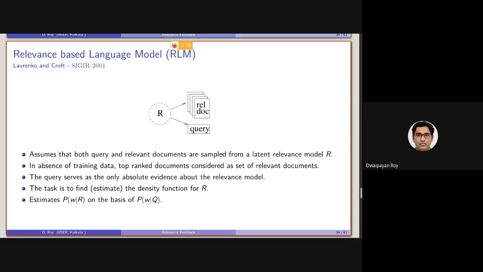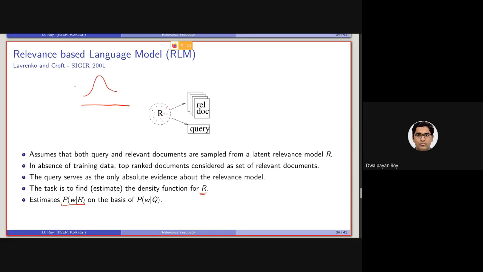And based on this R, what we'll be doing is estimating the weight or the probability of individual words that are present in this R. Remember, as I have told you, this R is basically a probability density function. If we consider a normal distribution, some terms will have some weight.